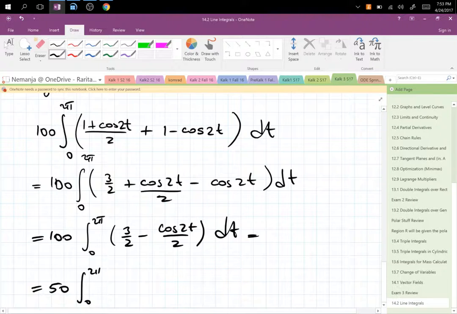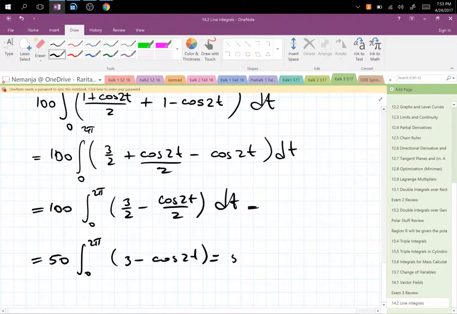Integral from 0 to 2 pi of 3 minus cosine 2t. So now what is that equal to? That's equal to 50, I have 3t minus, the integral of cosine is positive sine, 2t over 2, computed from 0 to 2 pi.